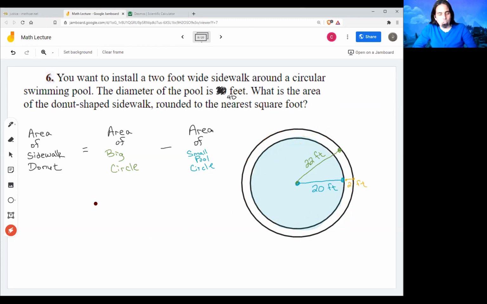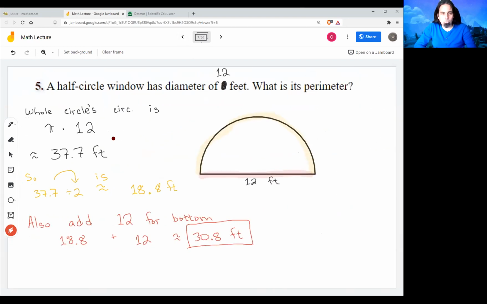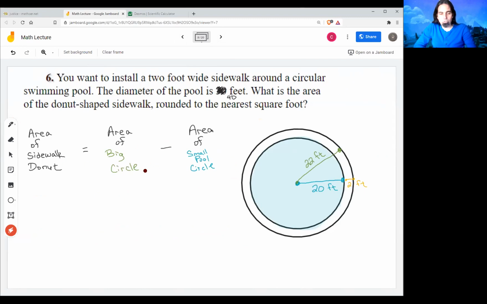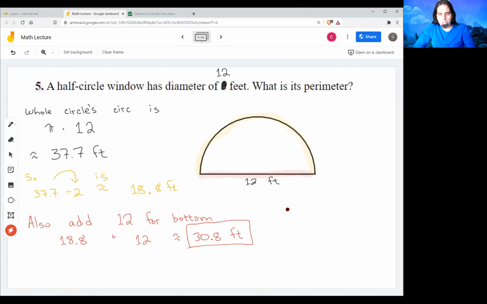So for all of these sort of area puzzle problems, and you could even do it for the perimeter if you wanted, make sort of a plan first. Don't jump to the equations, the formulas, or the numbers, but figure out what you're doing. For this one, we could have said that this path is that much plus that much.